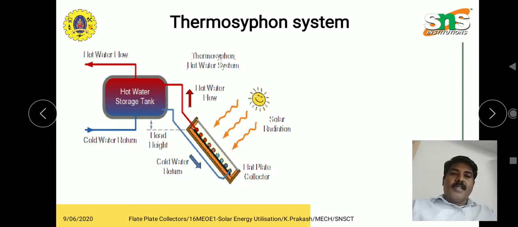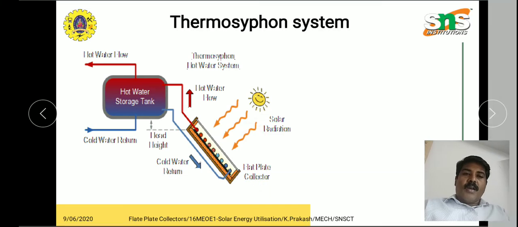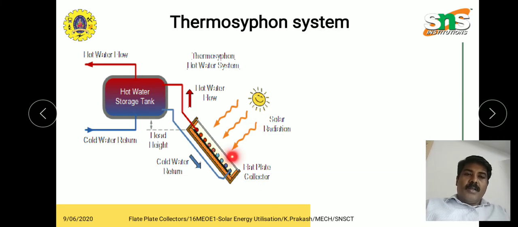So it gets heated. And then what happens is this hot water rises upwards and comes to the storage tank. So this is how the solar thermosiphon system is used to heat the cold water. So why are we calling this a natural system?